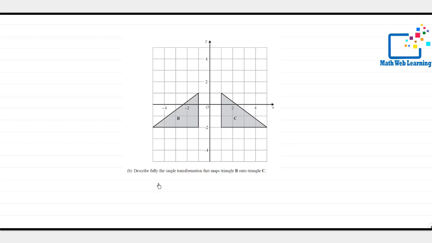You need to say reflection in the y-axis, or x equals 0. You can say x equals 0 means this y-axis. And that's what I've done here. It means your mirror line is the y-axis. That's what it means.